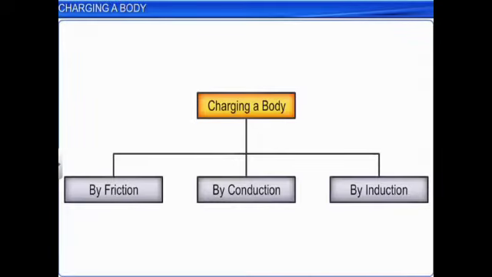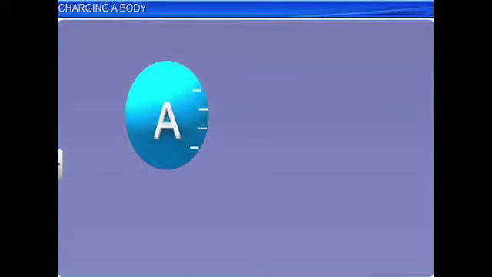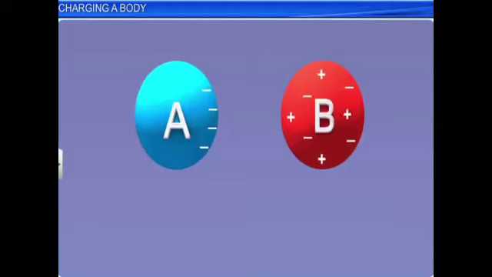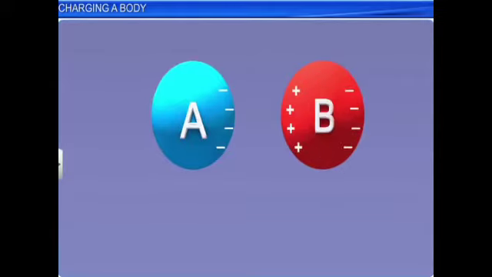We can also charge a body without contact, as in the first two methods. The third method to charge a body is induction. When a charged object, A, is placed near an uncharged object, B, object A induces an unlike charge on the near side of B and a like charge on its far side.